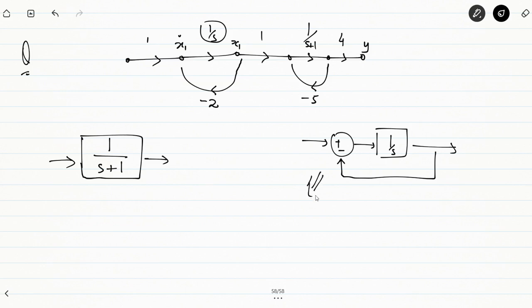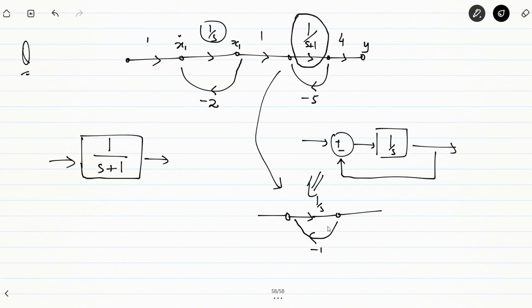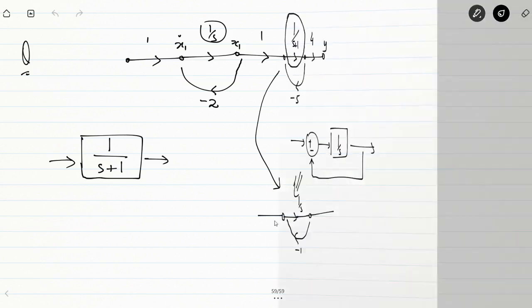And this can then be represented as a signal flow graph wherein you will be having 1 by s as a forward path gain and minus 1 as the feedback gain. So this portion of the signal flow graph can now be replaced by this representation. So the signal flow graph changed form and now we can represent it as follows.